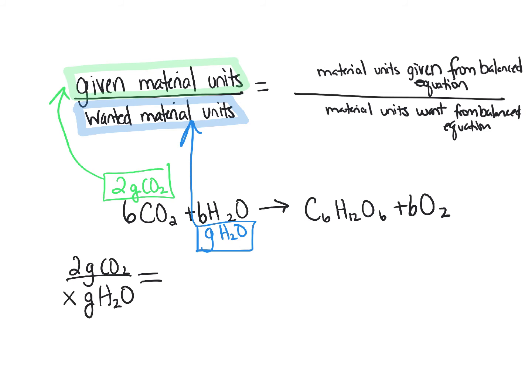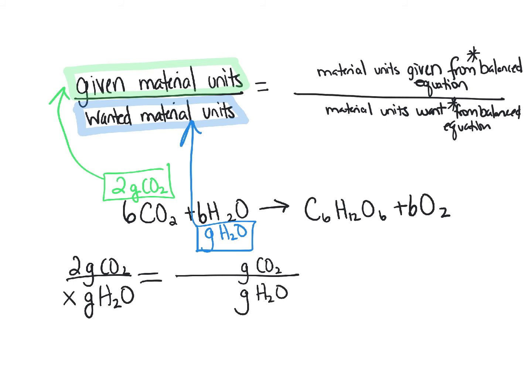So it would look like this: 2 grams of carbon dioxide over X grams of water. Now I need to find out my information from the balanced equation. Well, I want to know how many grams of carbon dioxide the balanced equation tells me I need, because that's what I'm starting with on top. And I need to find out how many grams of water the balanced equation tells me that I'm going to need.